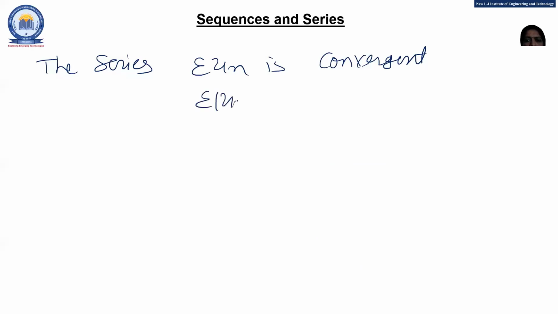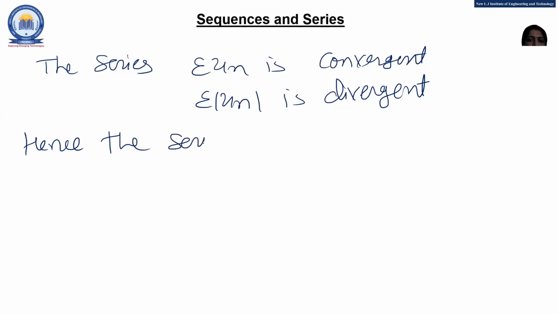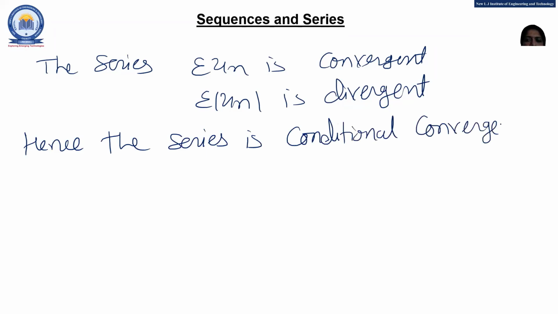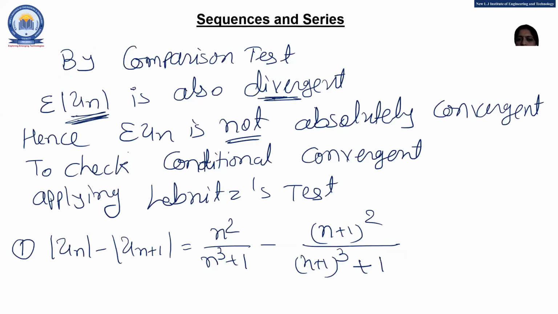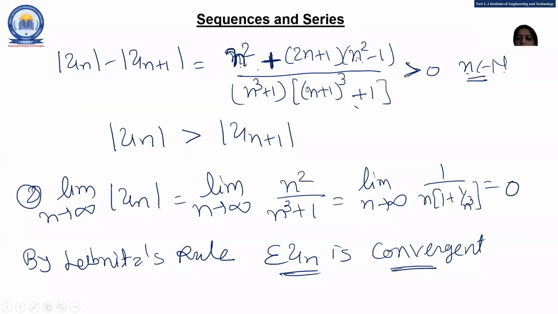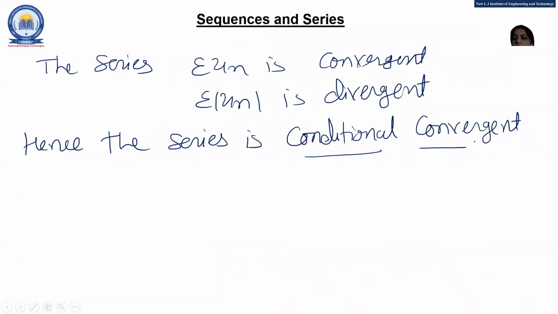Dev, as you asked in the last example, in this case I first check |Un|. Here my |Un| is divergent, so I check for Un. My |Un| is divergent and Un is convergent, so the series is conditionally convergent.